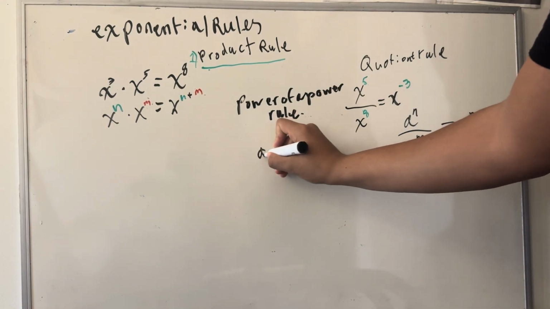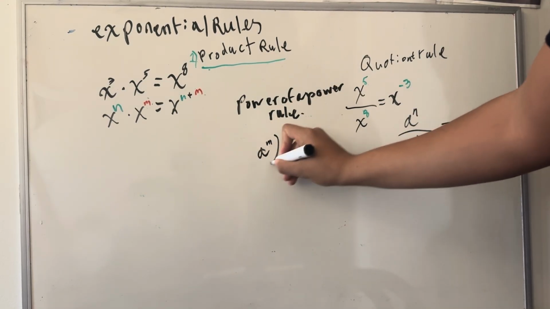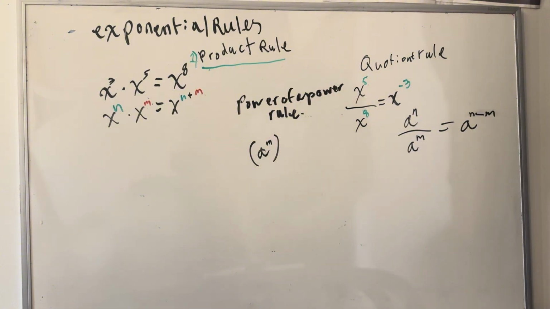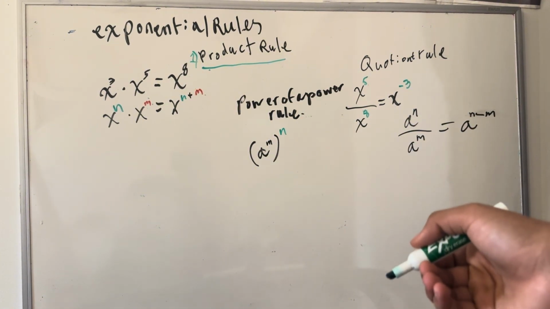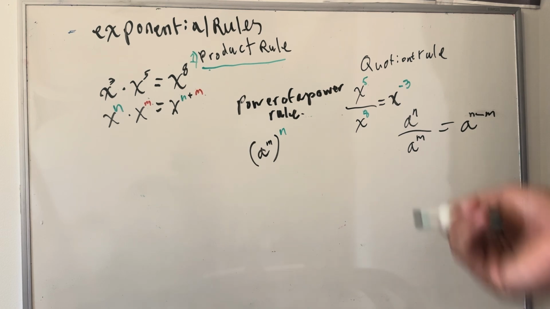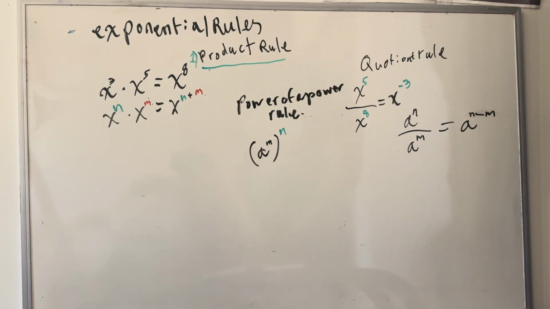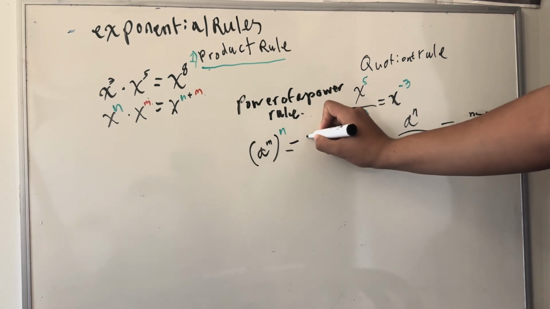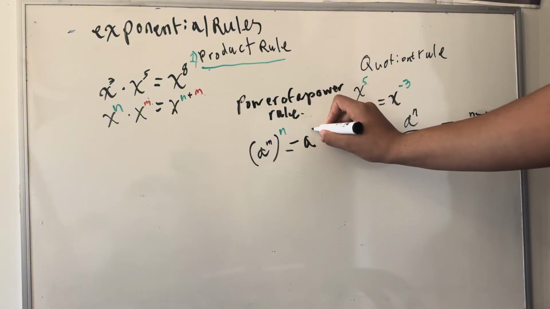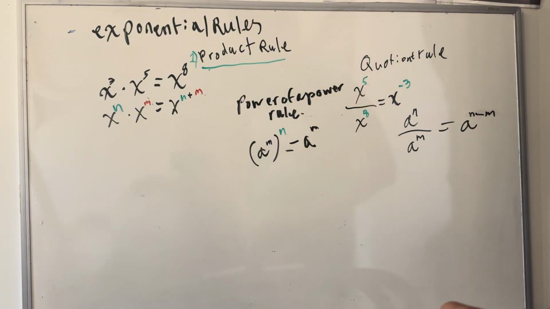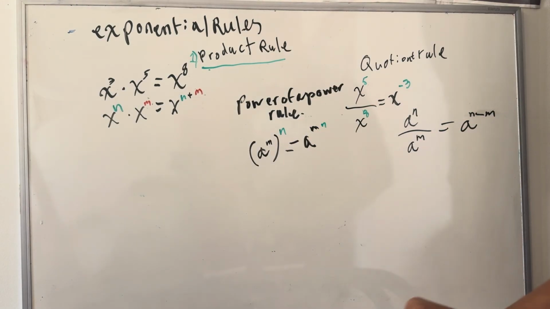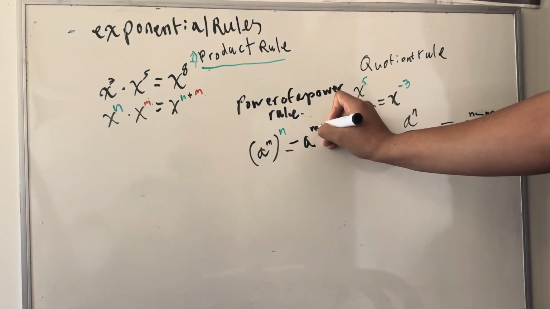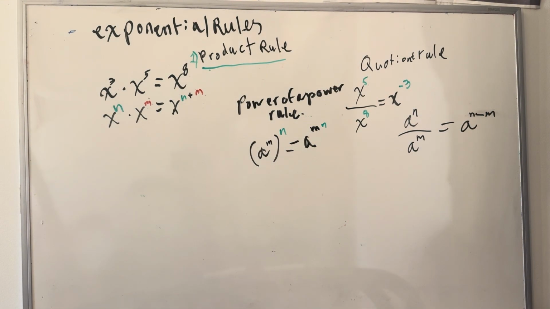So we have a to the power of m, and then outside of that we have to the power of n. What will that equal? Well, that will just equal a to the power of m times n. Not the best looking m over here, but that's a little better. So let's plug some numbers into this.